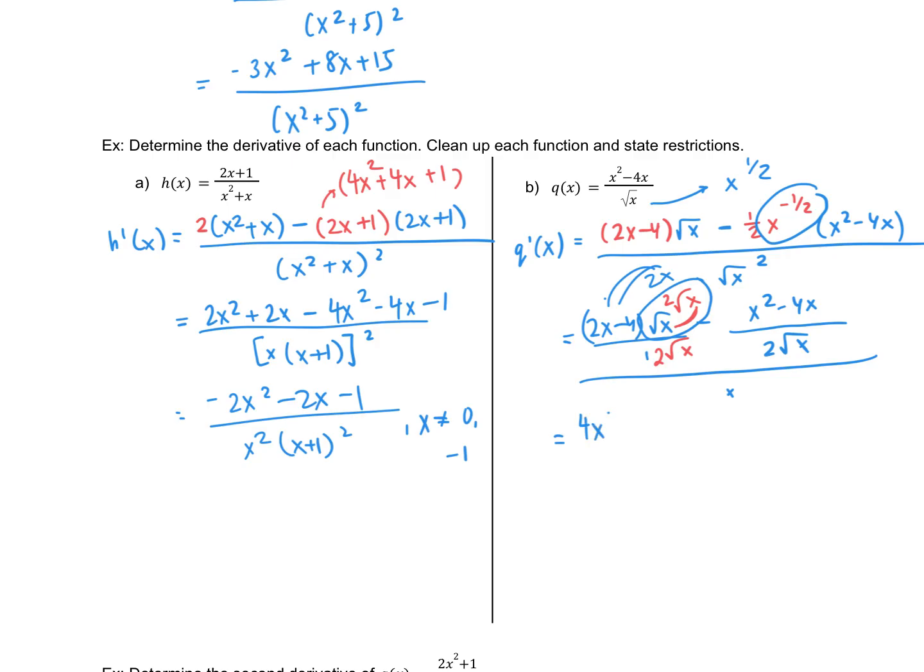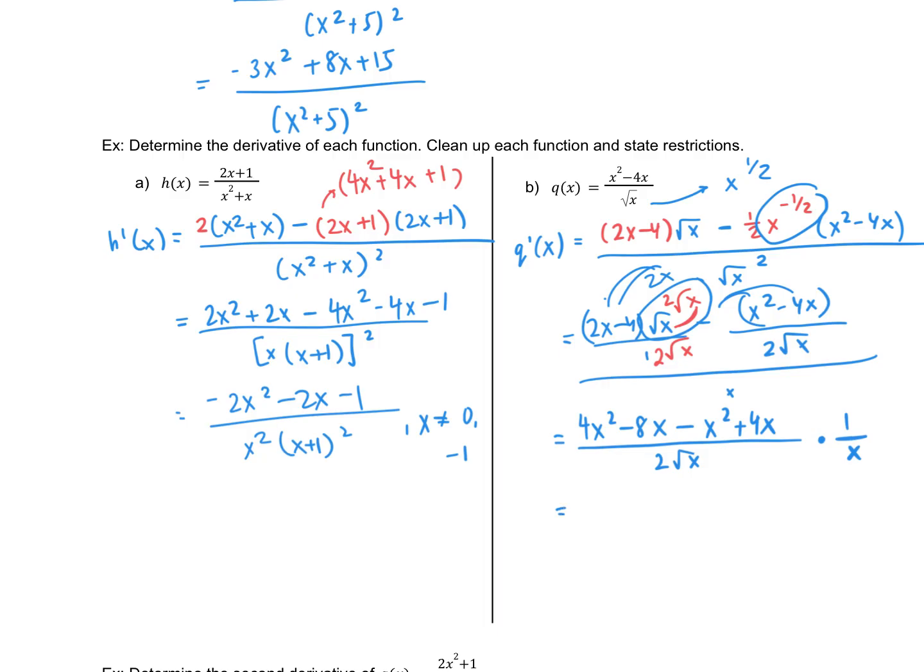So 4x squared minus 8x minus, this numerator already had what the denominator needed, so I'm just going to distribute the negative in, minus x squared plus 4x, and it's all over 2 root x. And just instead of writing all over x, I'm going to write divided by x, but dividing by x is the same as multiplying by the reciprocal.